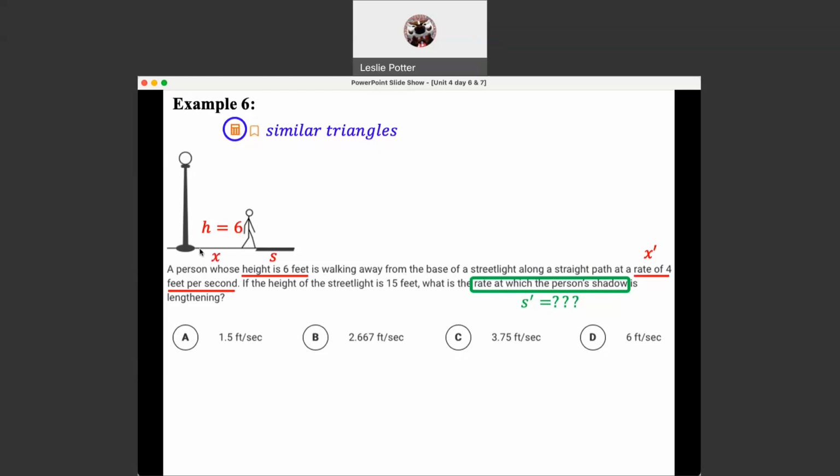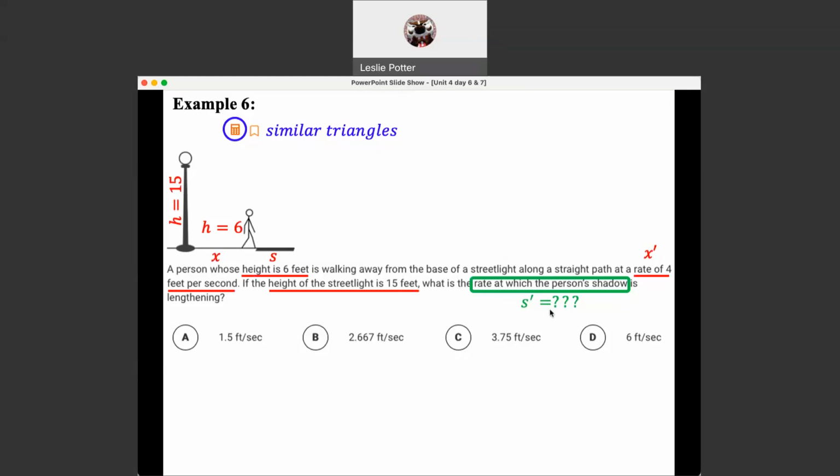So that is this distance right here between the person and the street light, and that is increasing at a rate of 4 feet per second. So that is x prime, if that makes sense.